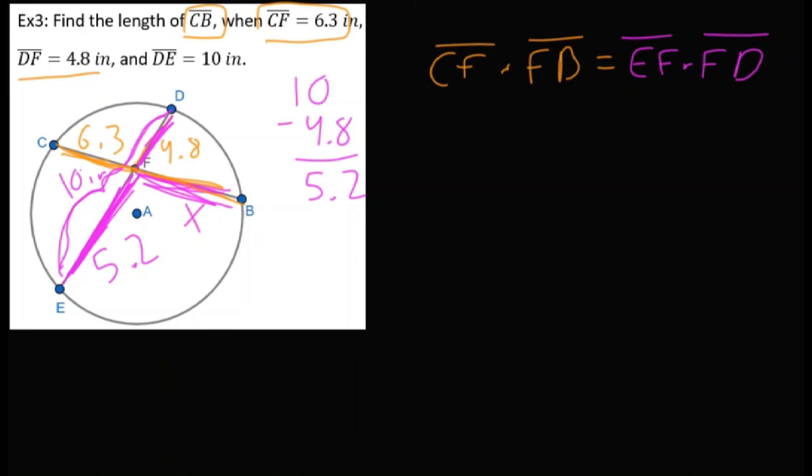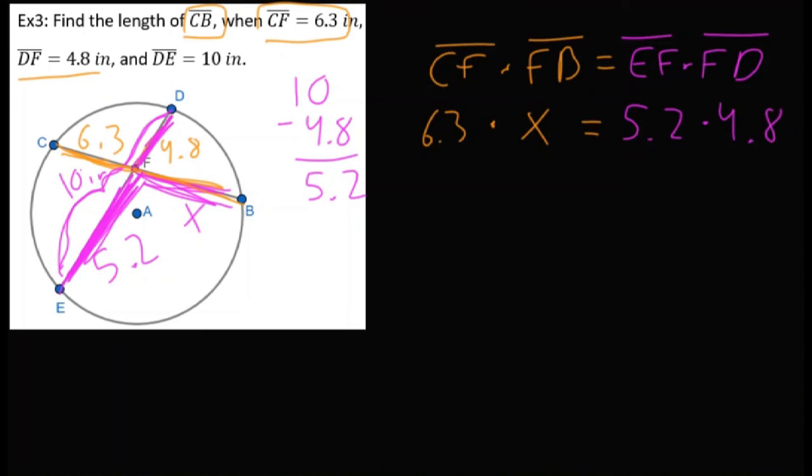Now from here I can actually go ahead and start filling things in. So let's see. We saw that CF was in fact 6.3 times, we saw that FB was where we labeled X equals, let me switch back to my purple. Here we saw that from E to F was in fact 5.2 times, and from F to D gave us 4.8.